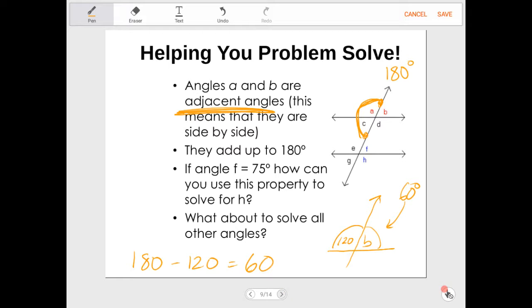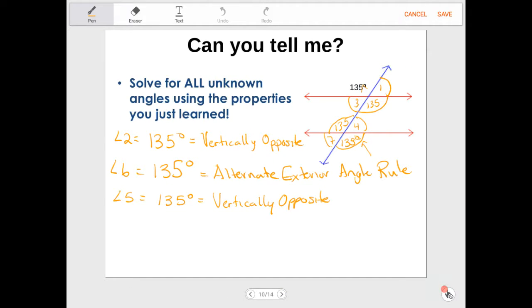So I'm going to figure out number 1. Angle 1 would be 180 minus 135. That's because if you look, from here to here is what shape? That's a semicircle, which is 180 degrees. So all you have to do is take your calculator, go 180 minus 135.